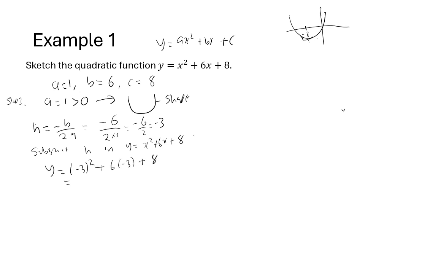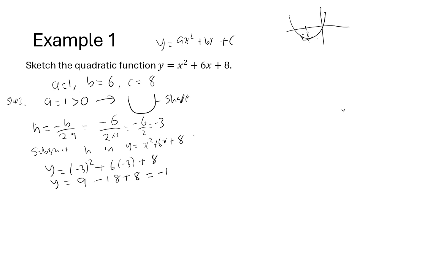Minus 3 squared is 9. This is minus 6 times 3, which is minus 18, plus 8. If we add this, is it minus 1? Because 9 minus 18 is minus 9 plus 8, so we'll have minus 1. So our y here is minus 1.